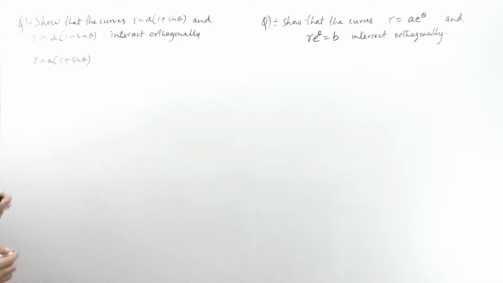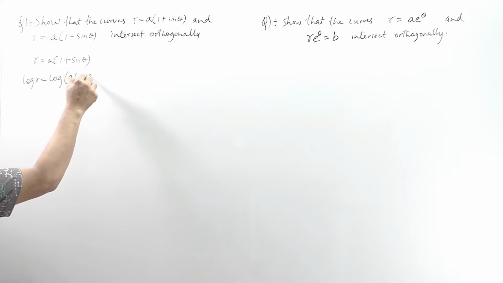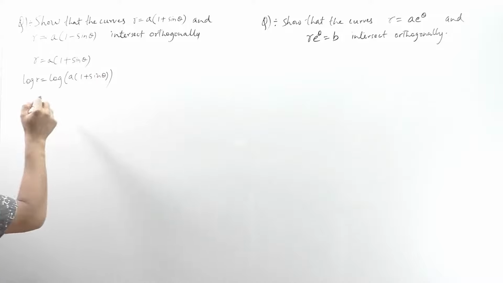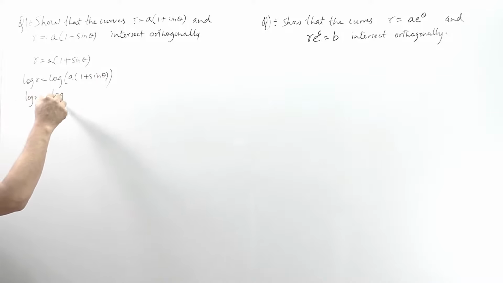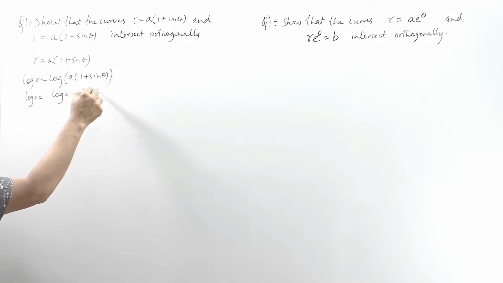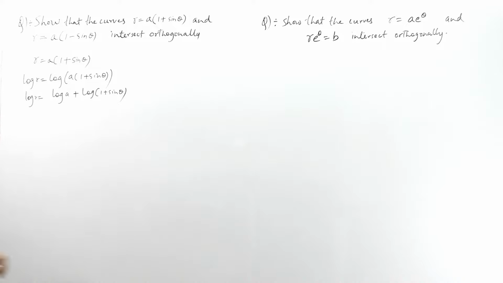So what we do? We apply first log on both sides. That is, log of r is equal to log of a into 1 plus sine theta. Now apply the principles of log. Log r is equal to log a into b is log a plus log of b.